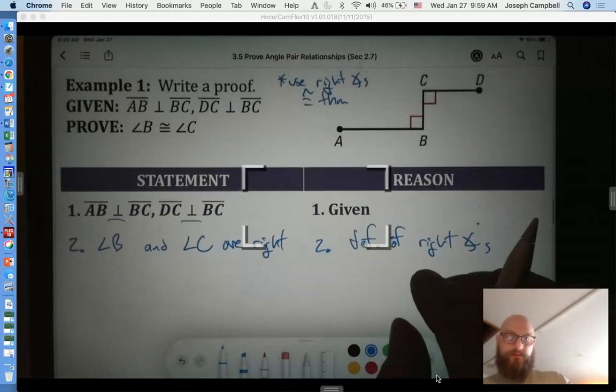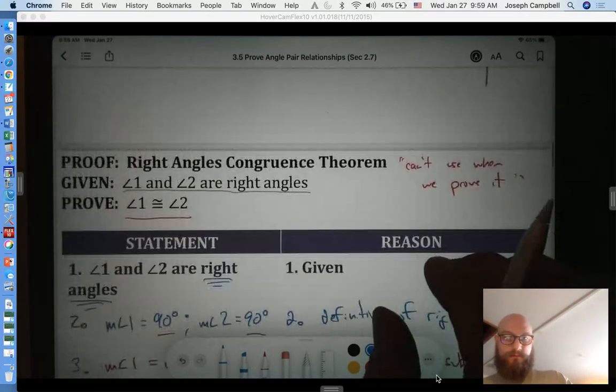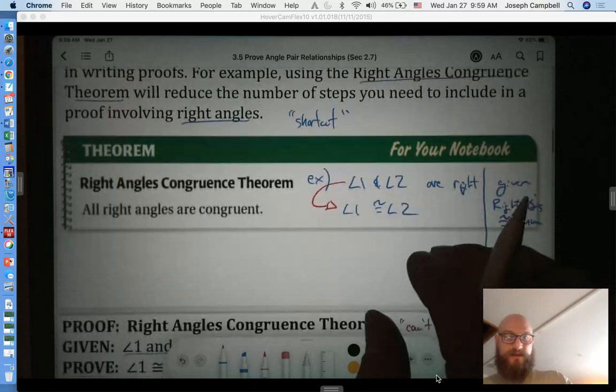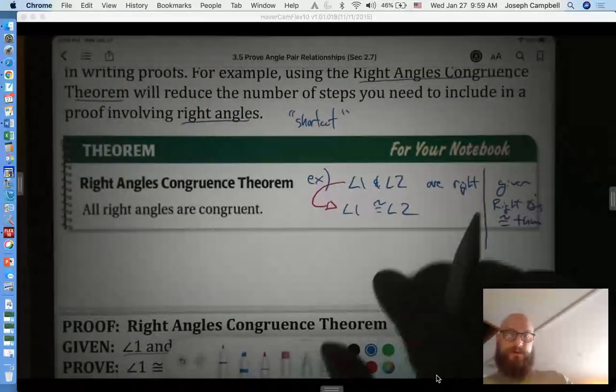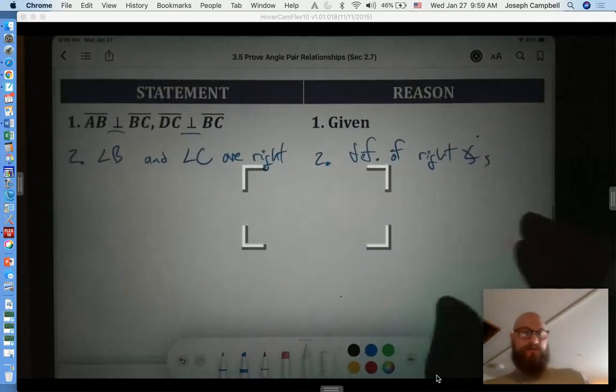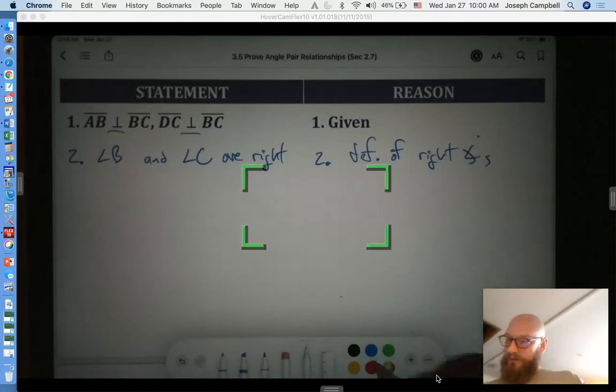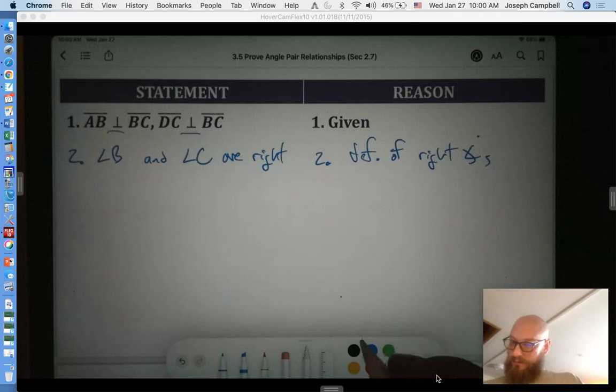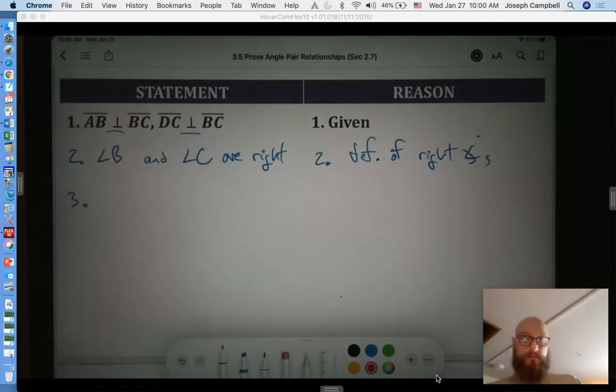Now, what does the right angles congruence theorem say? It says that all right angles are congruent. What do I have here? I have 2 right angles. Therefore, what are they? They are congruent.